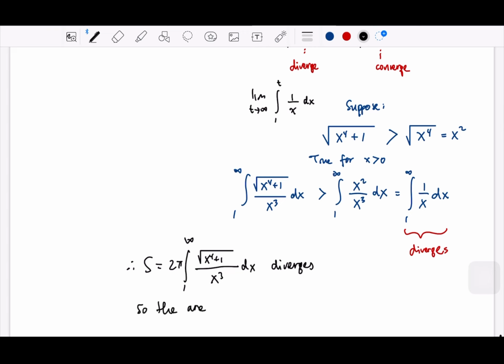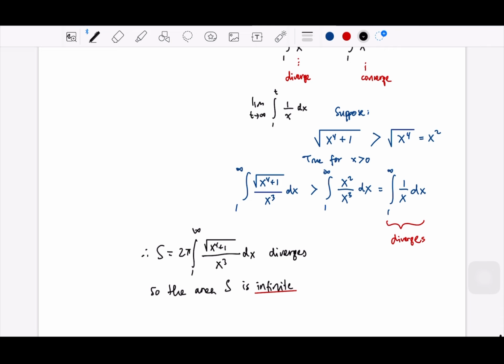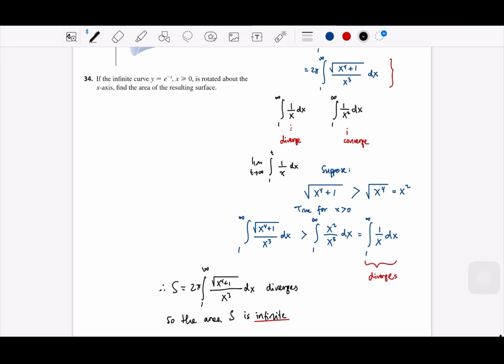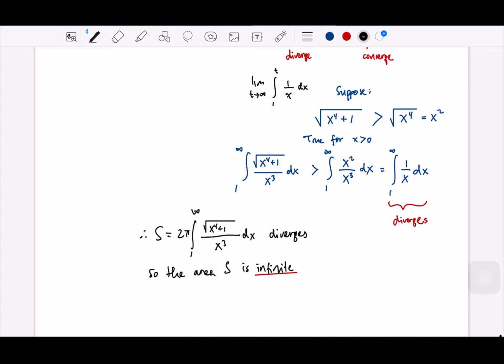So the area S is infinite. Or let me write it completely by the comparison method.